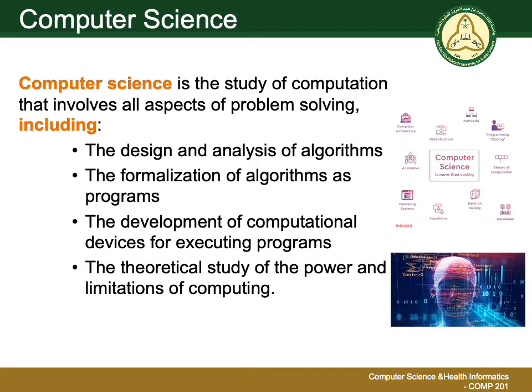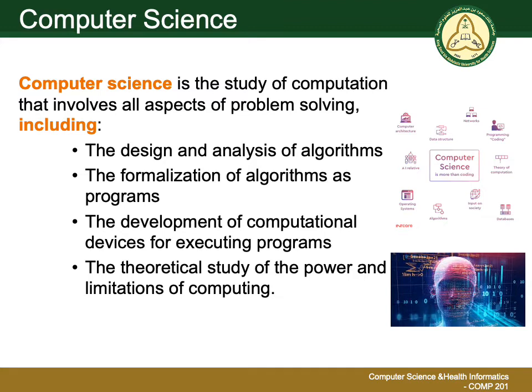The second point is the formalization of algorithms as programs, how we can formalize an algorithm to perform as a program, because algorithms are one of the major important concepts in computer science. The third point is the development of computational devices for executing programs.